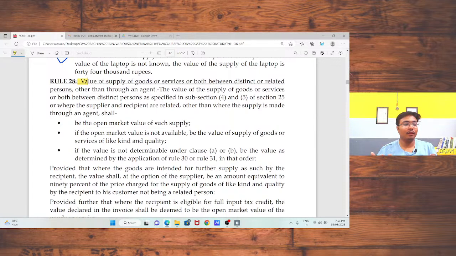Sir, there is no issue with claiming of input tax credit, because I am a supplier, and if I decide the invoice as per open market value, that is 40,000 rupees, in that case I need to take the taxable value as 40,000, and I need to apply the tax rate, CGST or SGST or IGST, whatever the rate. I just assume that the rate of GST will be 20%.